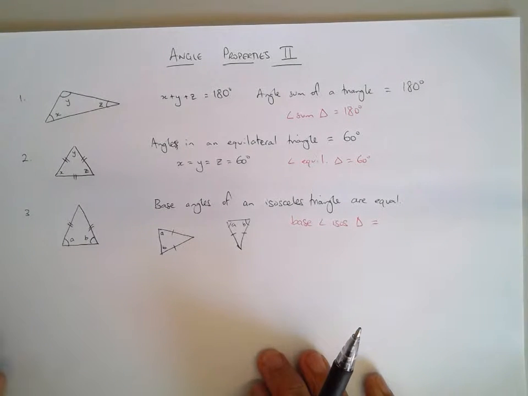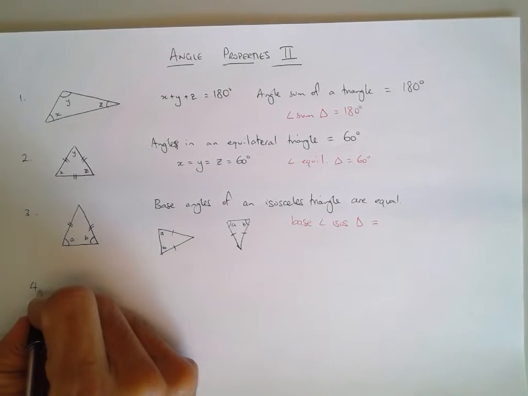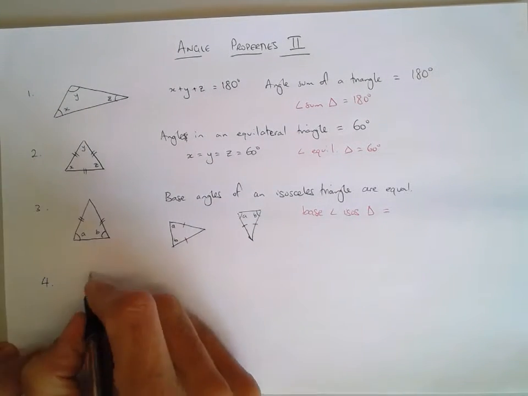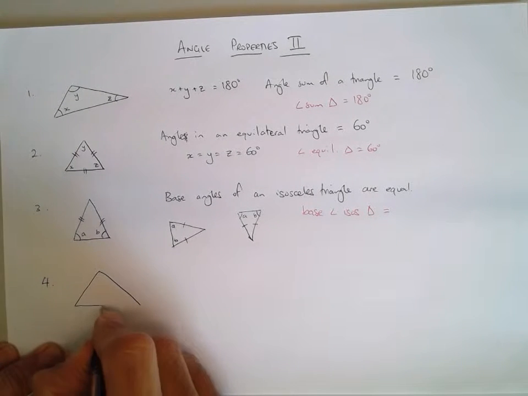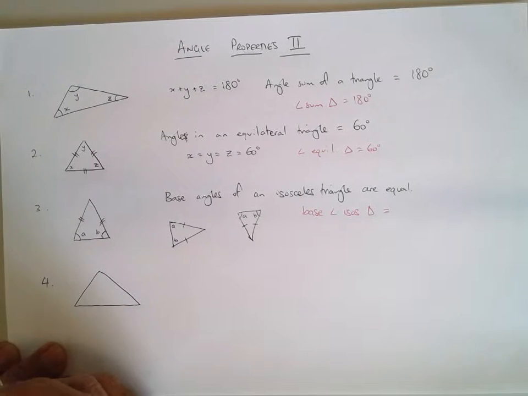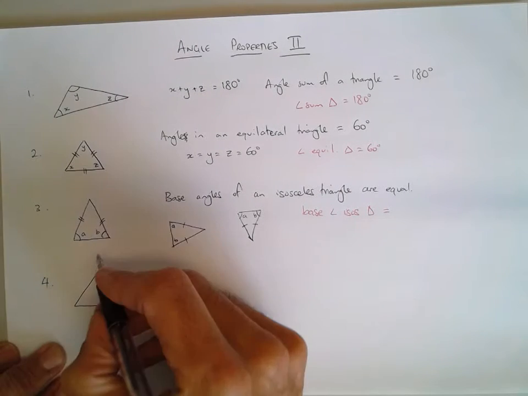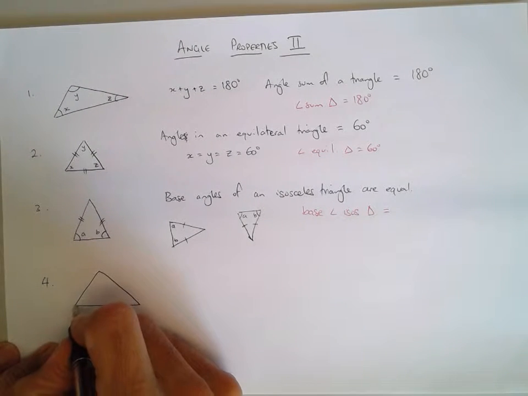Okay, the final one we're going to have, number 4, so if I've got a triangle like this, I can talk about the exterior angle of a triangle. So the exterior angle of the triangle, let's make it this one here.